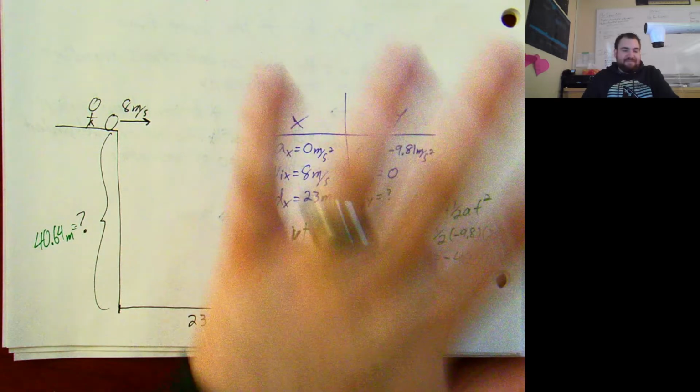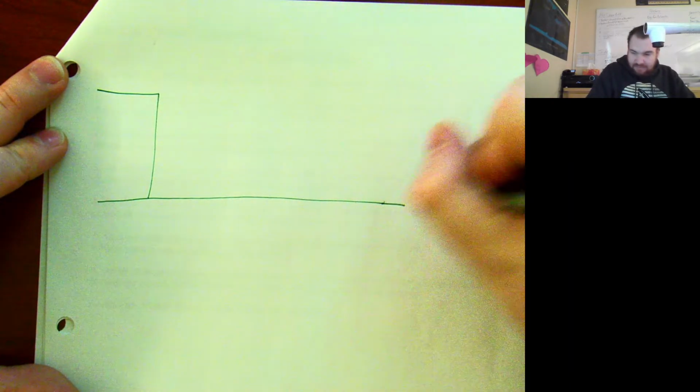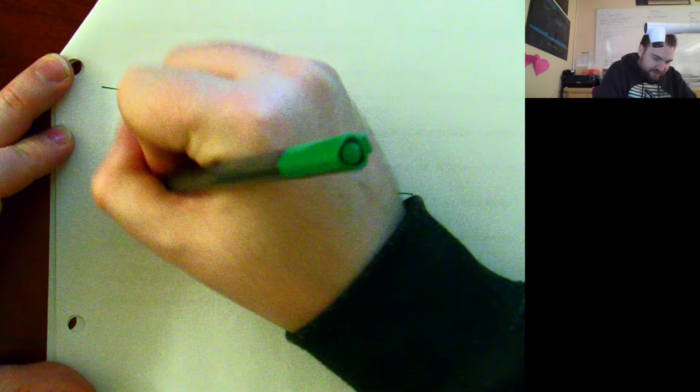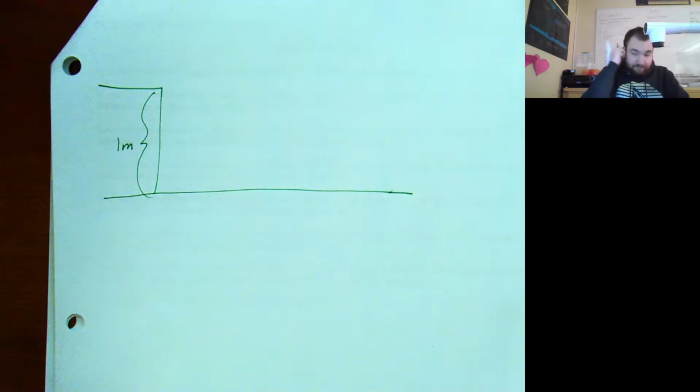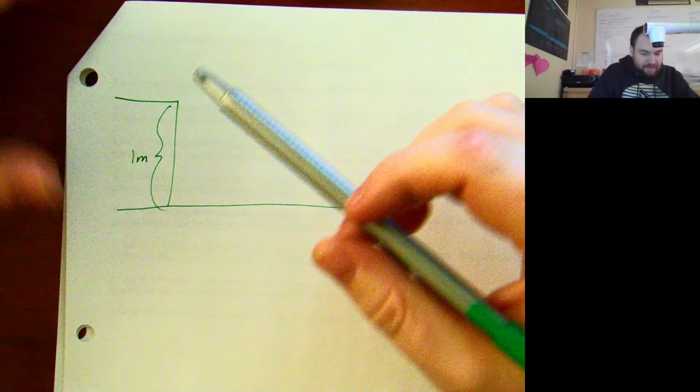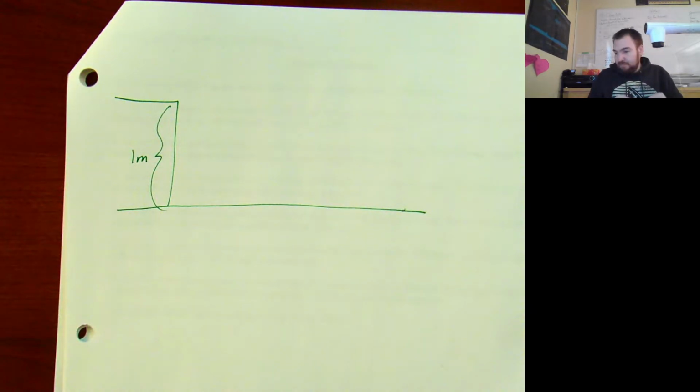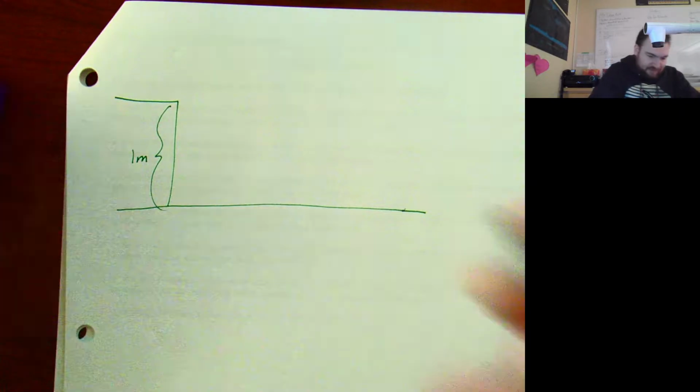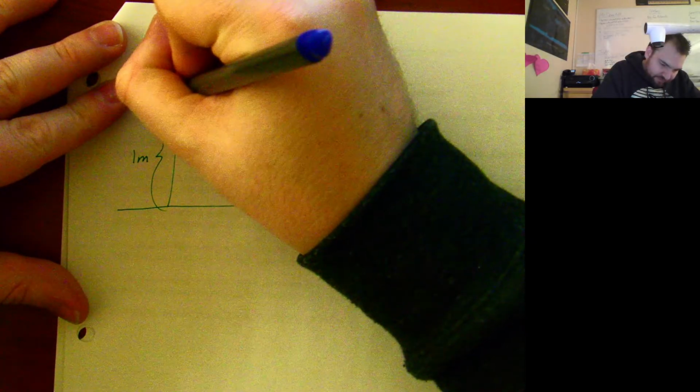One more. Blank page here. We've got a table, and I tell you the table is 1 meter tall. From this position here, I have a dart gun.